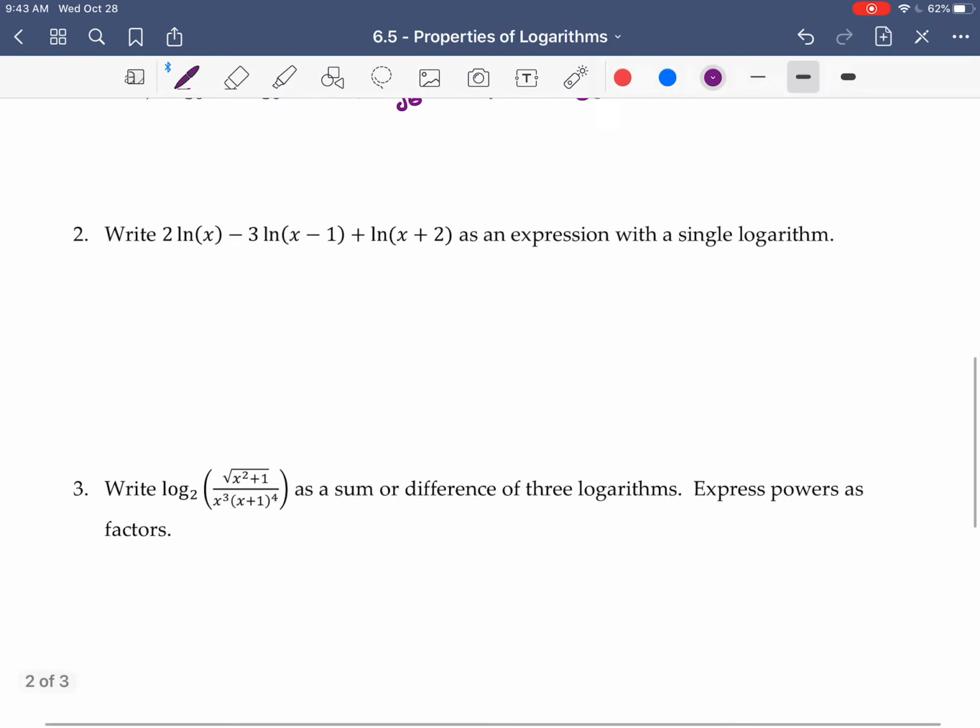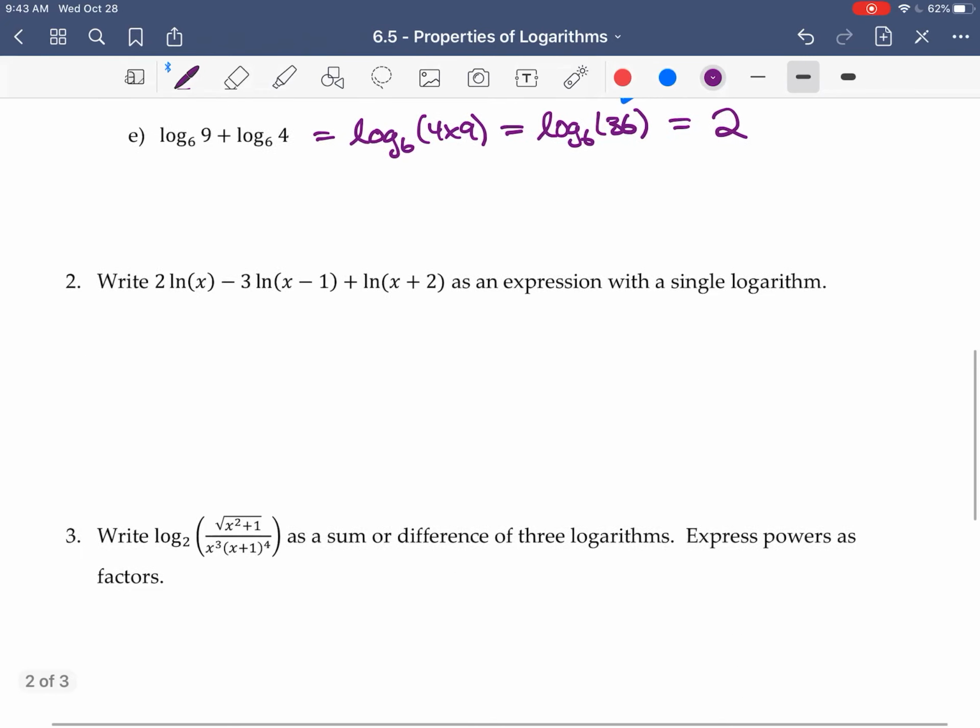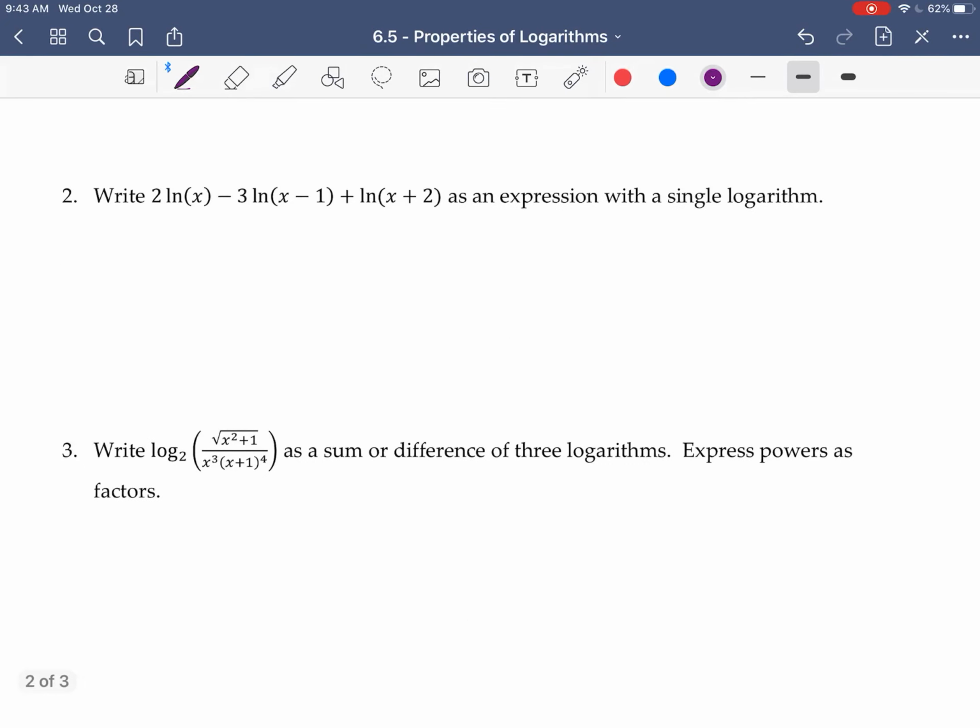Now, like we did that, we can also combine logs with x's in them. We want to write this as a single logarithm. All of these multiples of the logs, I can bring them back up.